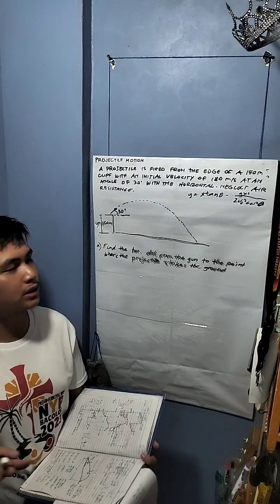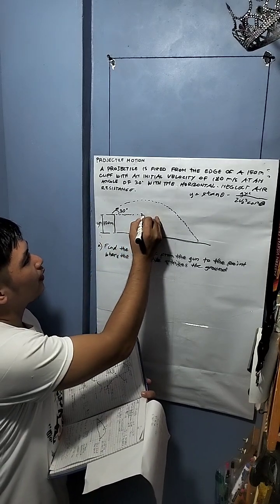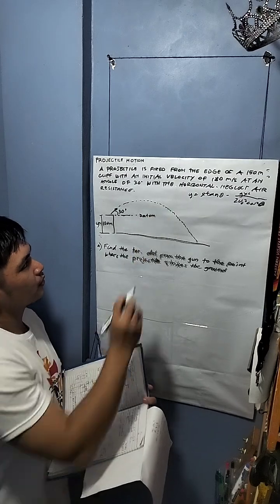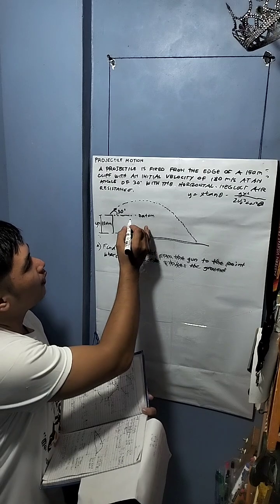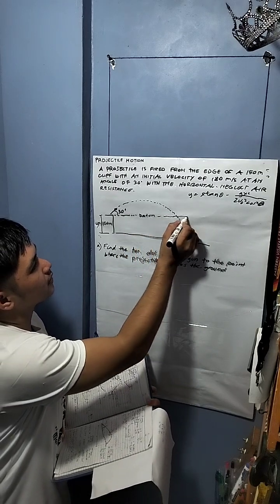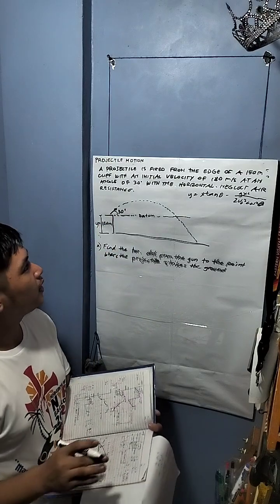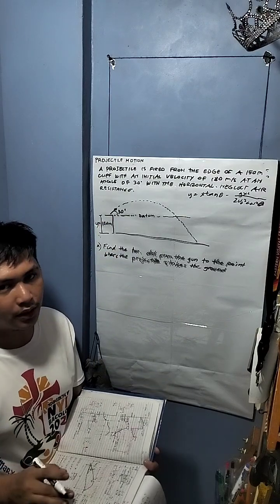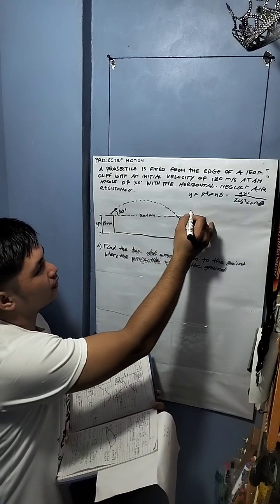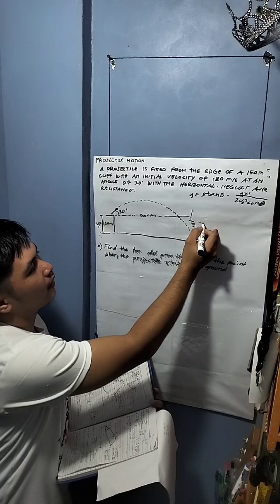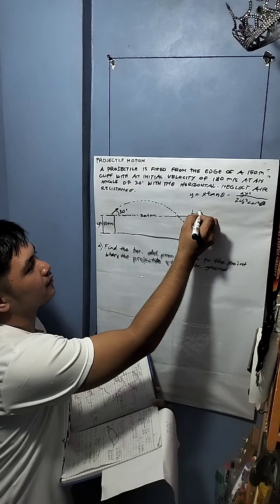But notice that the 150 meters is below the datum where our object started. After it passes this horizontal from our gun, or the launching point, our object will have its trajectory on the negative side, and this will be the positive side.